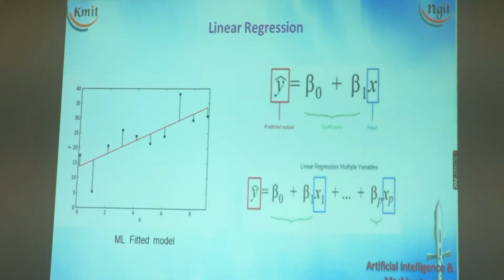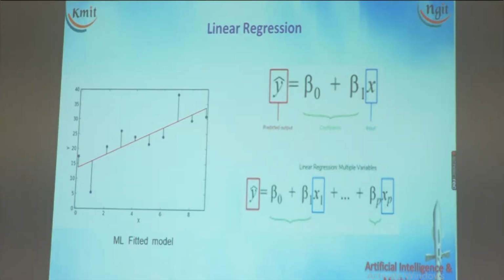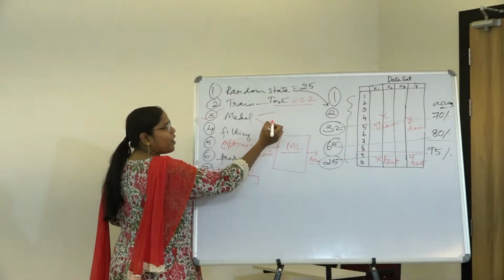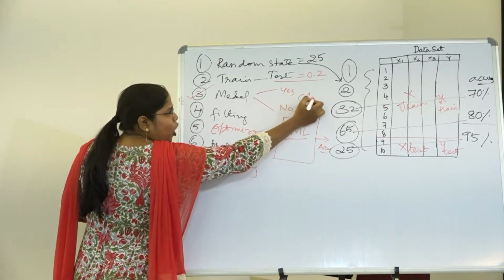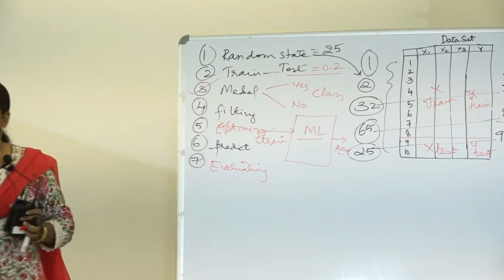Next, when I want to compare my logistic regression with linear regression, always we say there is a fit of line. So we saw a model. What it has done is divide into yes or no, which is nothing but what I am calling a classifier.